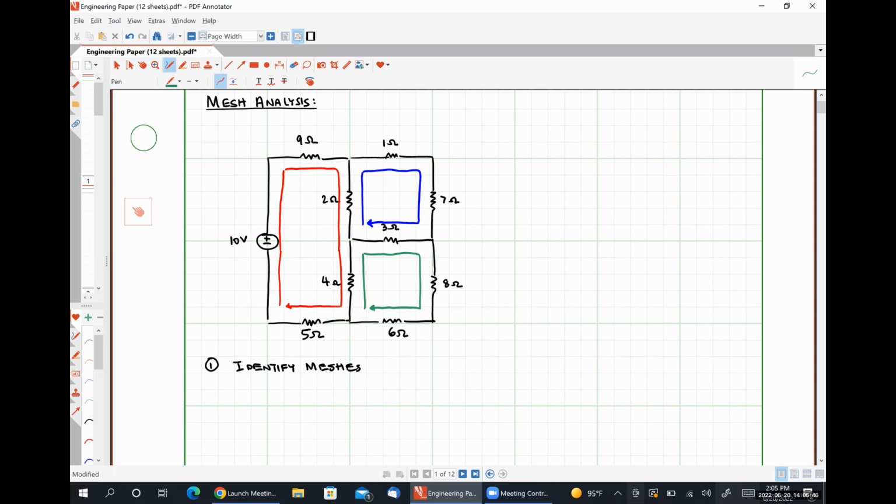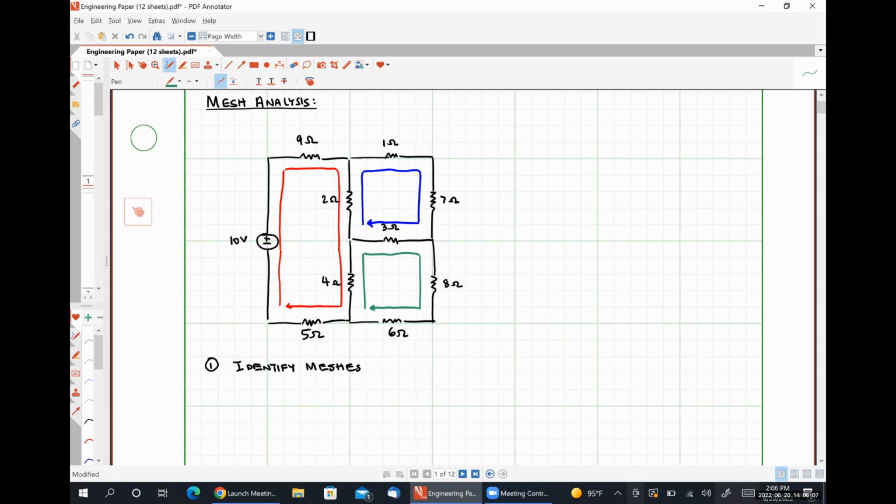I would argue though that the more difficult you make it, meaning if you don't use all clockwise or all counterclockwise, the more likely you are to make some sort of mistake. I was taught to assign all of my meshes in a clockwise direction, so that's the way that I do it.